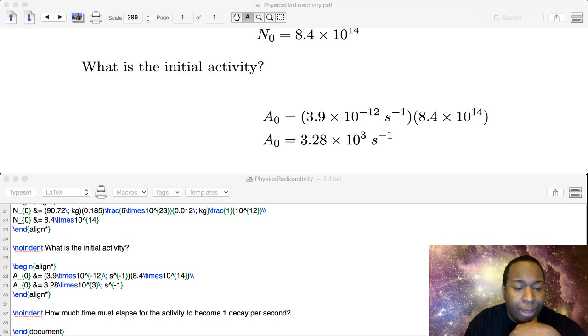All we need to do now to calculate the final activity after 2,000 years is just take this very last. Wait, you guys cannot see what I'm looking at here. Let me first switch the scene.